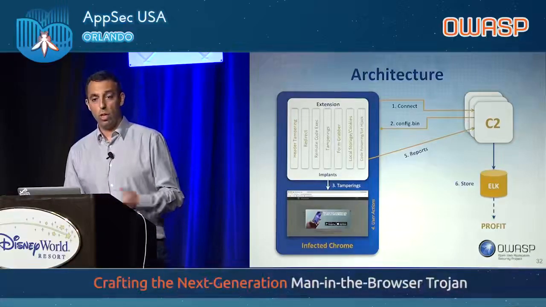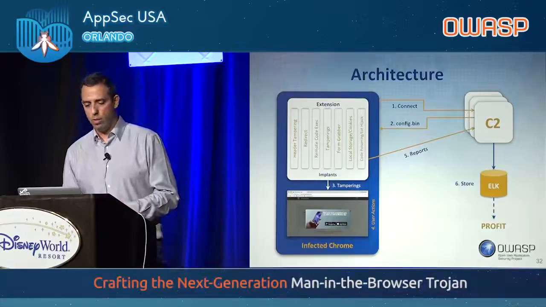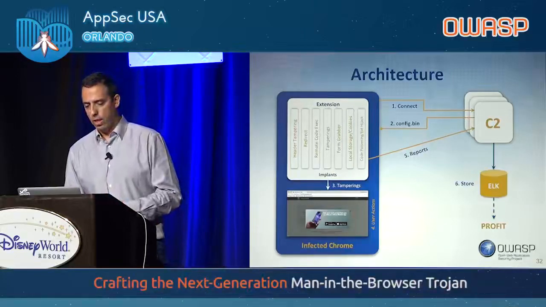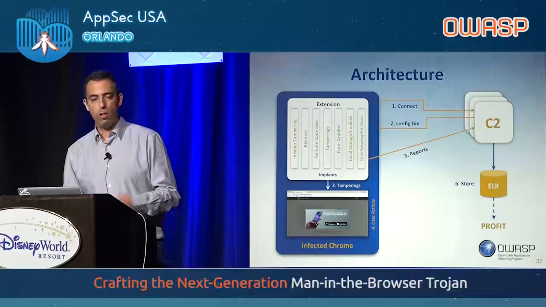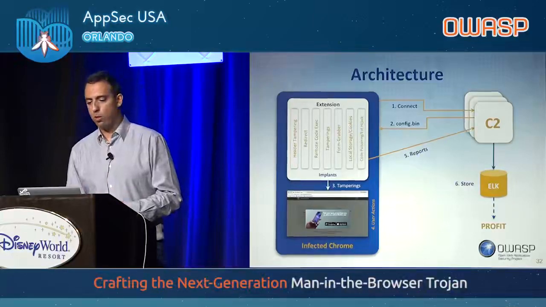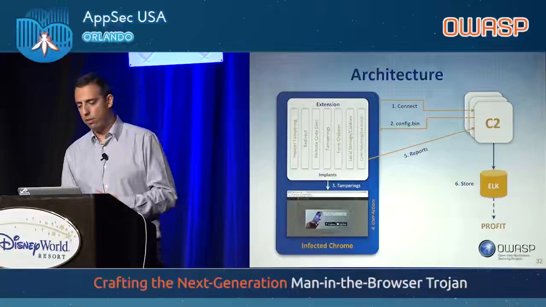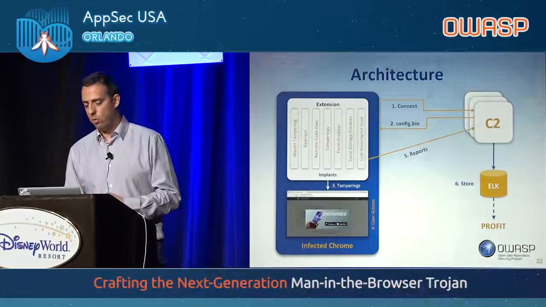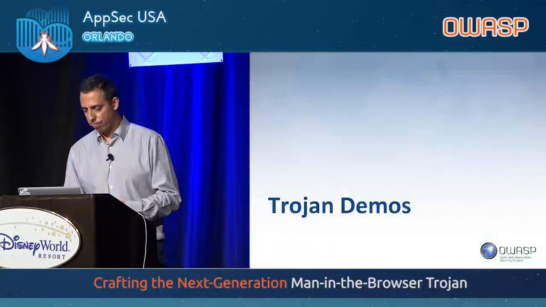Then according to the implants that are included, it performs tamperings, it performs other actions. Periodically, it sends out reports to any C2 that is available, and that information is gathered in the ELK stack, which we use to show the results.